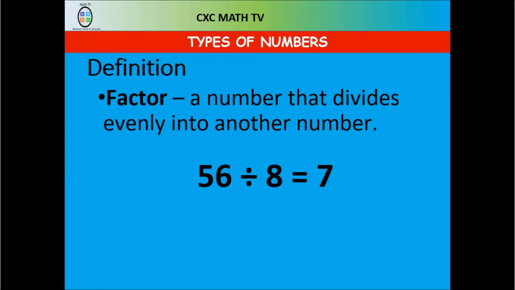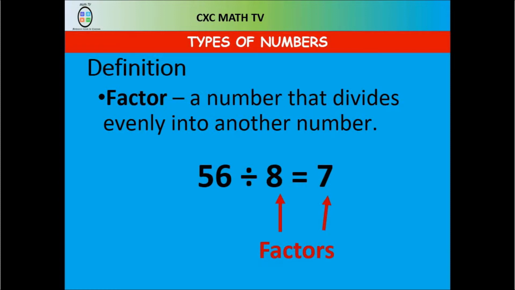When you divide 56 by 8, you get 7. So in that case now, because we see that 8 can be divided evenly into 56, giving us a quotient of 7 and no remainder, we say that 56 has a factor of 8. Alright, so the factors are again 8 and 7.